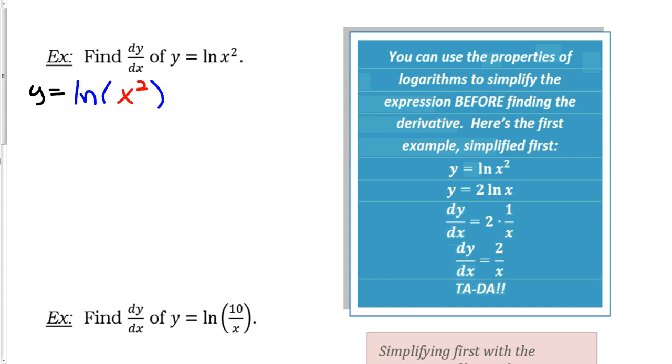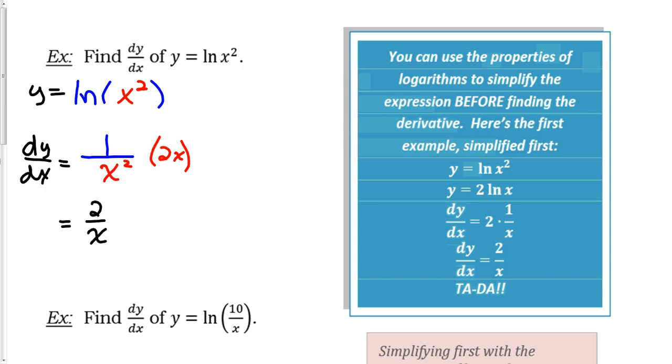We know this derivative, we knew it before, and dy/dx is going to be 1 over whatever I was taking the natural log of, in this case x squared. And then I take the derivative of the inside and multiply, so I'd multiply by 2x. I can leave that alone, or I could simplify it. If I were to simplify this, it would end up being 2 over x.